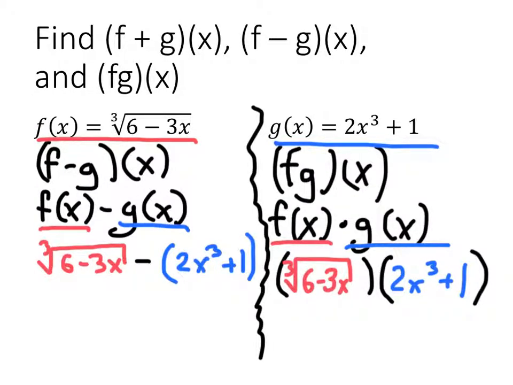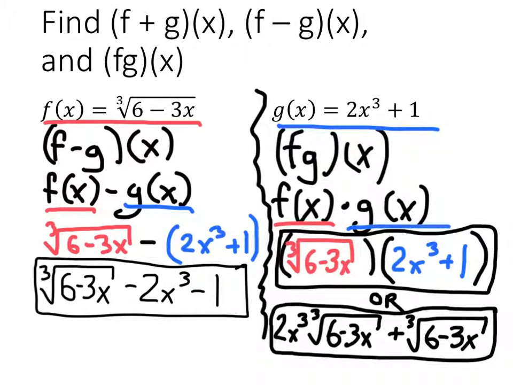As far as the subtraction and multiplication goes, it's going to happen pretty much the same way. Again, you're going to want to remember the normal things that you should consider, like using the parentheses for the subtraction and for the multiplication. But that big cube root over the 6 minus 3x is going to limit a lot of what we can simplify and what we're able to collect together.